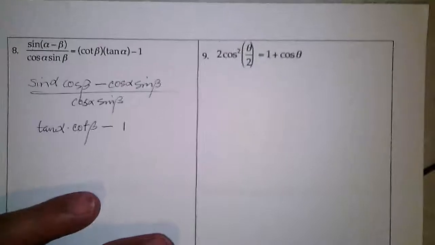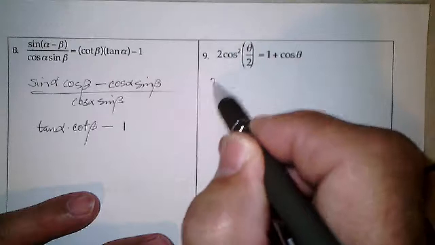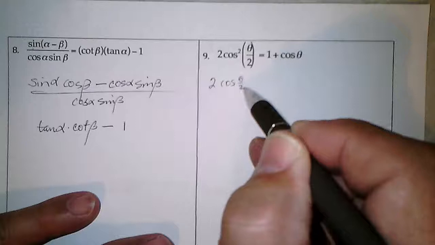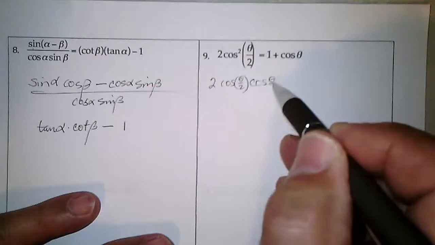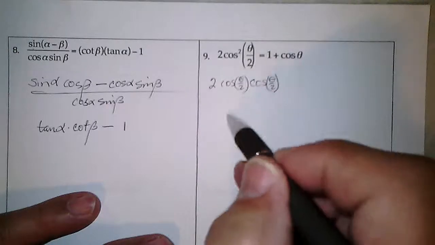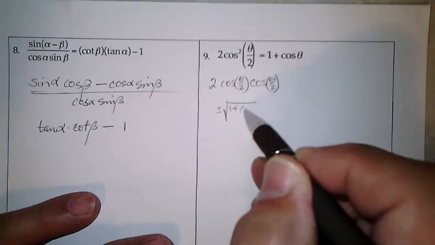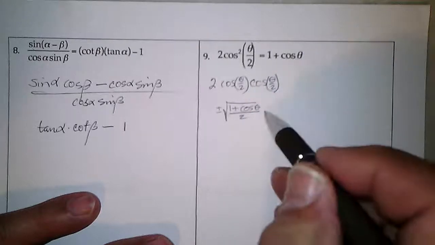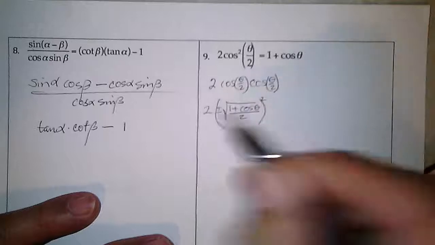Number 9. The cosine, got to know what this is saying. This is saying 2 times the cosine of theta over 2 squared, so times the cosine of theta over 2. And the formula we have for the cosine of theta over 2 is plus or minus the square root of 1 plus the cosine of theta over 2. So if we're going to take it times itself, it's like squaring it times a 2.